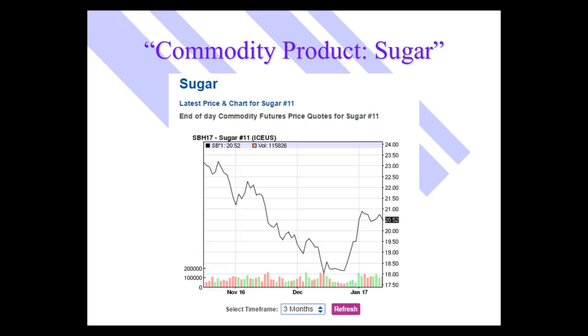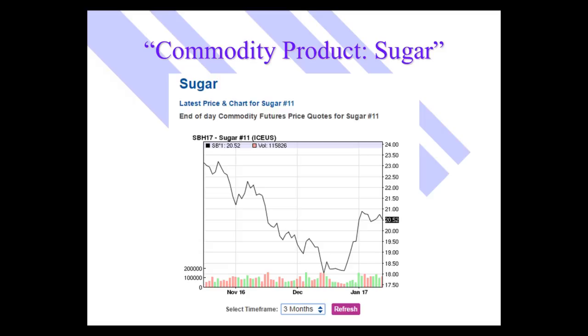Truth be told, I'm not sure what the unit of measure for commodity sugar is, but you can see that's down more than 15% from early November when it was above $23, but up more than 10% from late December when it hit about $18. The price of sugar bounces up and down.